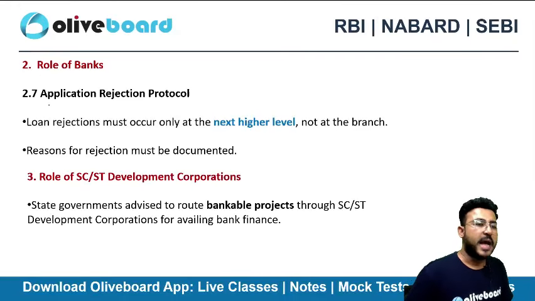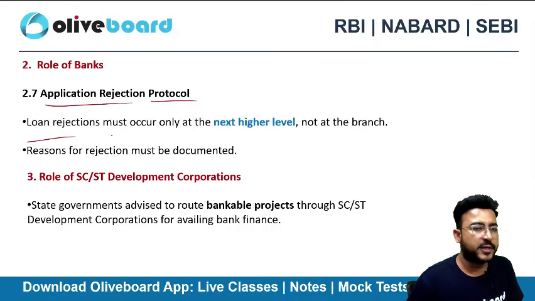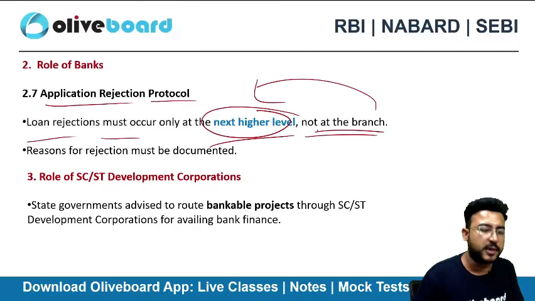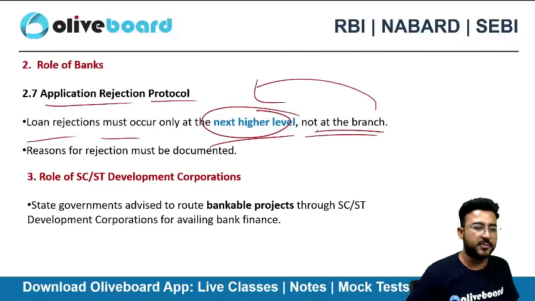Okay. Application rejection protocol: loan rejection must occur only at a higher level, not at the branch level. If you want to reject the loan, it should occur above the branch level.